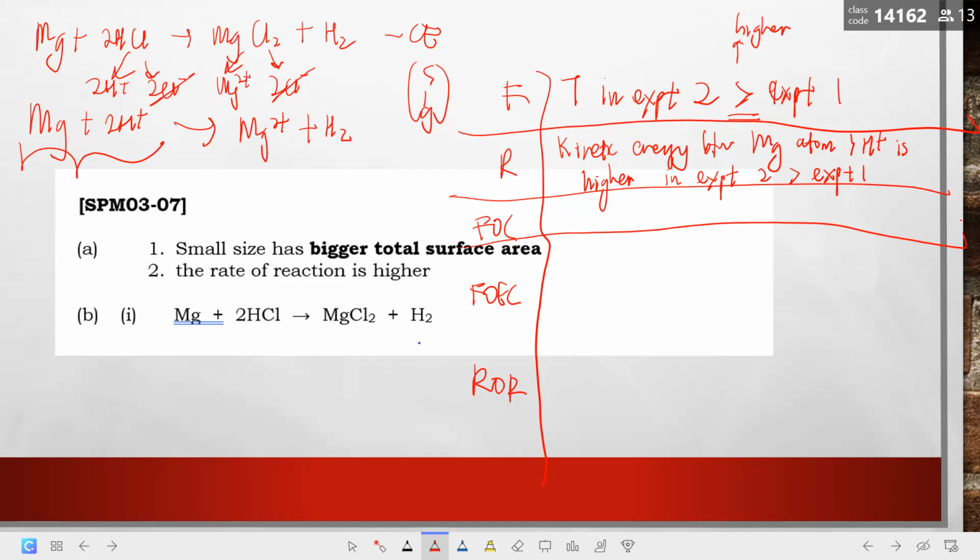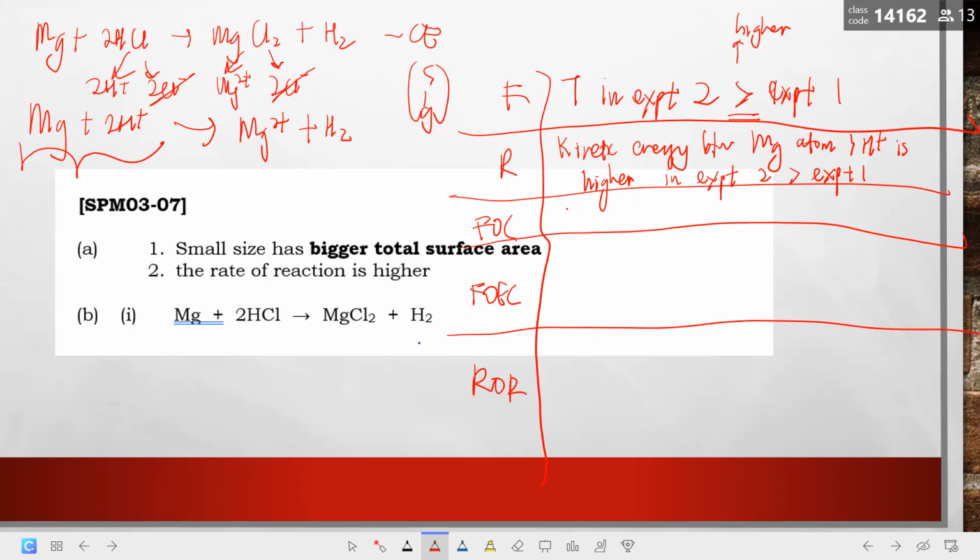Here already you should be fine. Ayat dia sama je. Okay, who wants to try for teacher FOC? The higher the kinetic energy. No need already. Here, no need to put the higher. Straight away go frequency of collision.